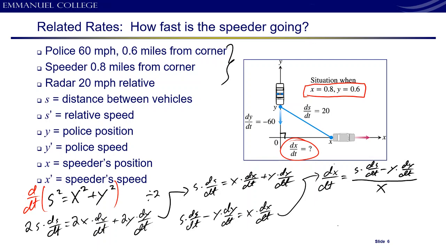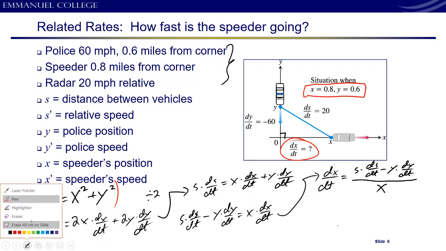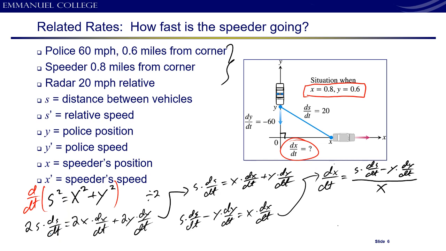However, for this problem, if we go through, I also know that s is just equal to x squared plus y squared. So then this can substitute here.